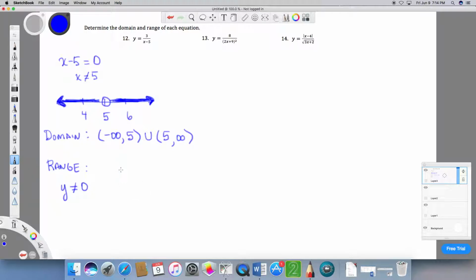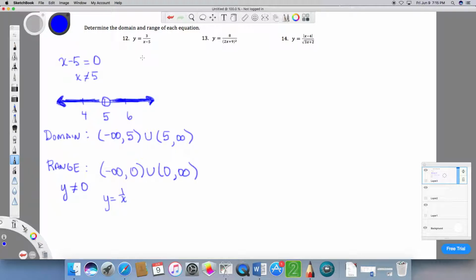I think that we're going to see from the graph that the range, and remember range is y values, which is up and down, is going to be from negative infinity all the way up to 0, excluding 0, and then all the way up to positive infinity. But I'm getting that more from experience. I also know what the graph of 1 over x looks like.